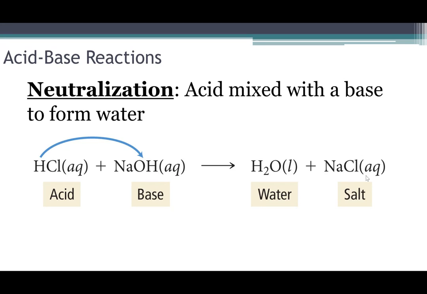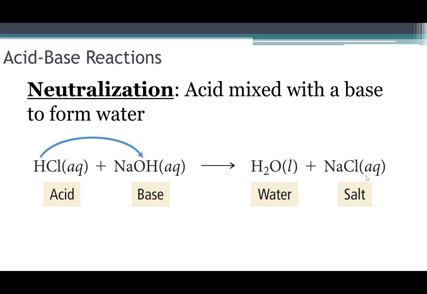So when I say salt, you probably picture sodium chloride. But when we use the word salt in chemistry, all we mean is an ionic compound that'll dissolve in water. So a salt could be sodium chloride. That absolutely is an example. A salt could also be barium chloride or magnesium chloride.